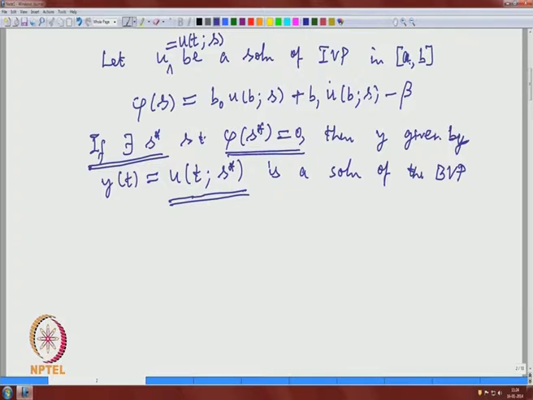Last time I stated a uniqueness result, so let me just recall it again. Theorem 1.